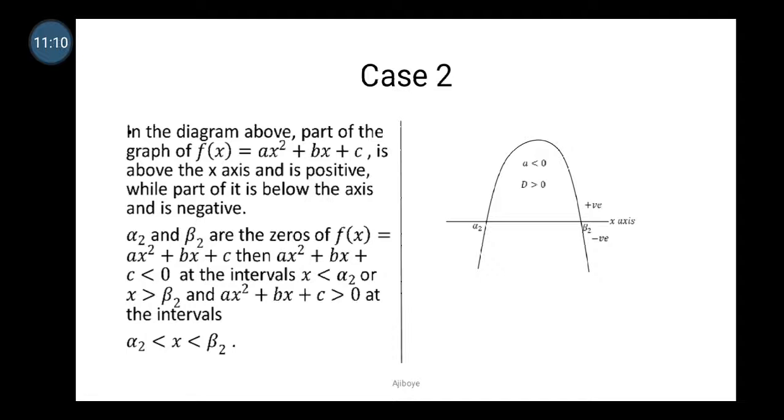Now, you will look carefully at the graph. We have alpha 2 and beta 2 as where the graph cuts the x-axis.